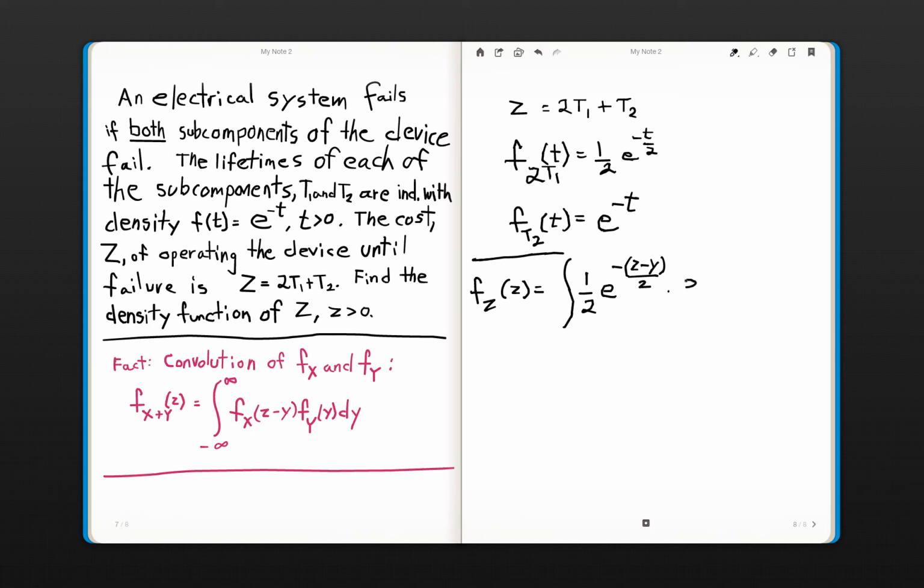So this is e to the negative y, because we're integrating dy.